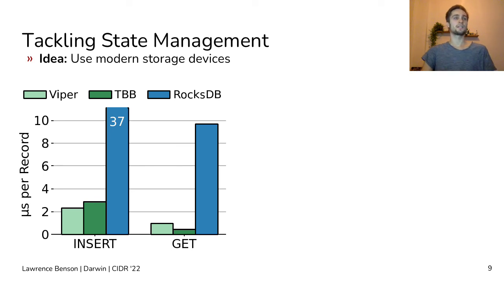And here we're also looking at Viper, a novel hybrid persistent memory (PMEM) key-value store, which we presented at VLDB last year. We can see that with this persistent memory option, we achieve very close to DRAM performance, while offering larger-than-memory state that is also persistent. So in case of a crash, we've covered that case as well.